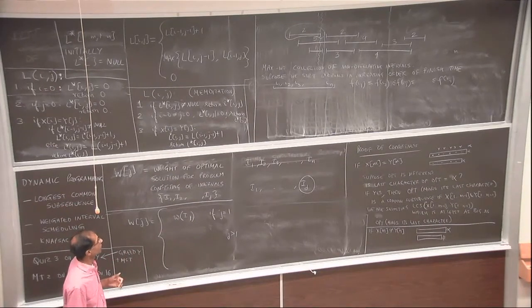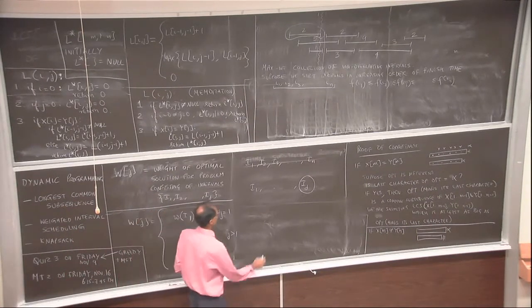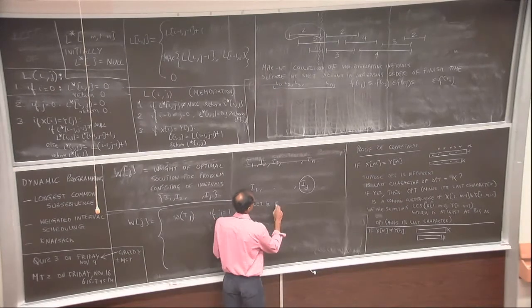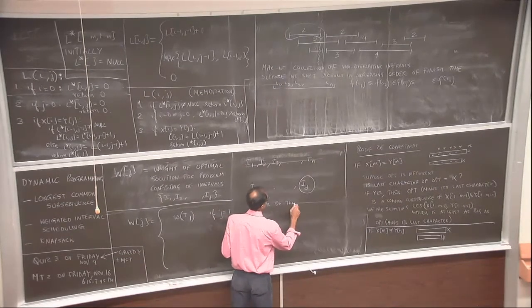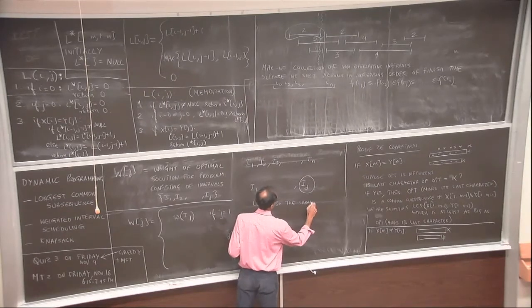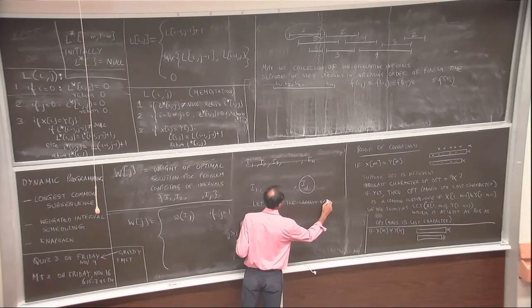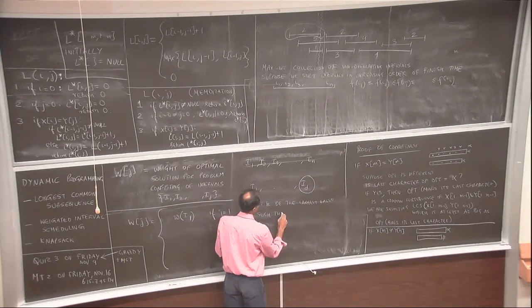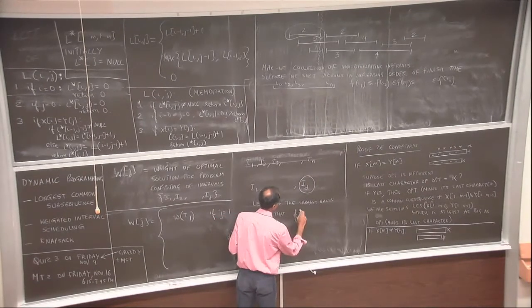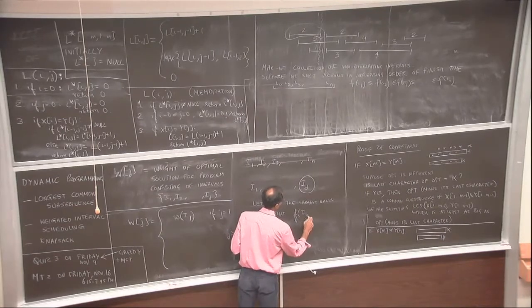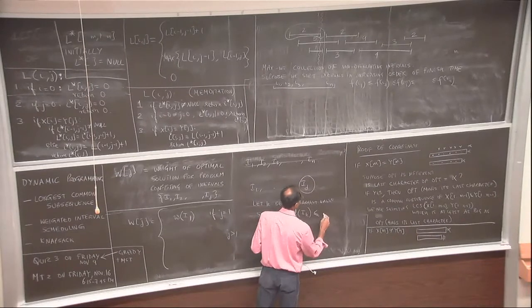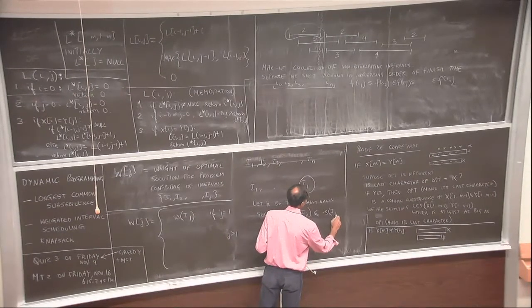You agree that there is a k, so let k be the largest value such that the finish time of the interval k is before the start time of interval j.